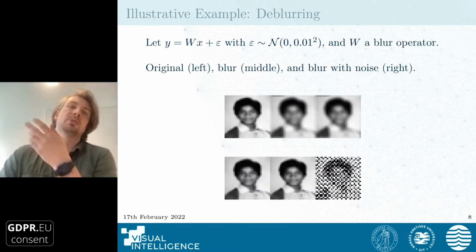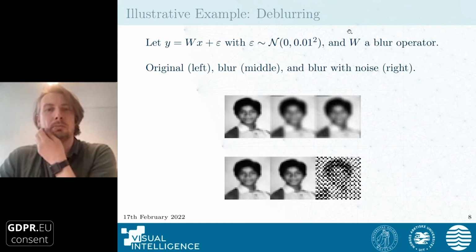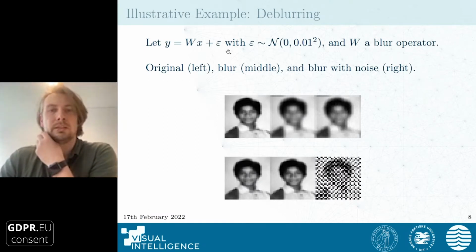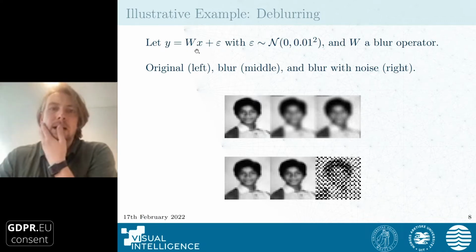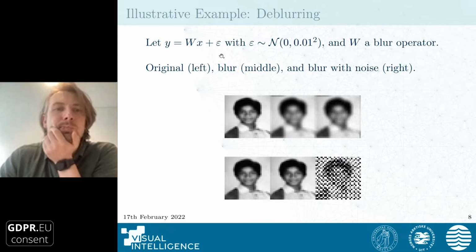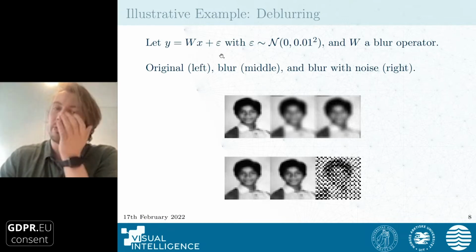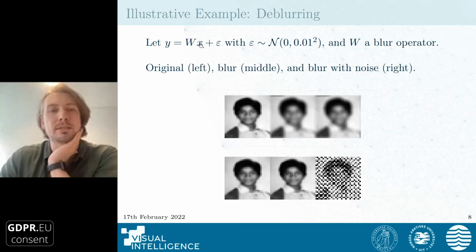An illustrative example of this comes from a deblurring task, where we simply have an image that we blur with this convolution operator W, and our task is then to reconstruct the image X, given that it is affected by noise.